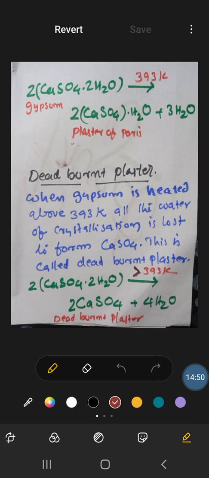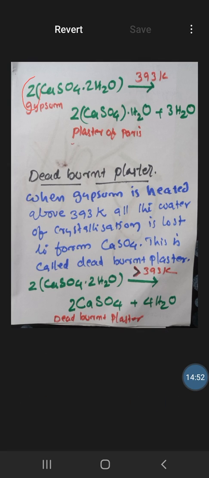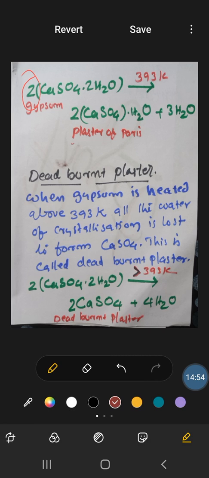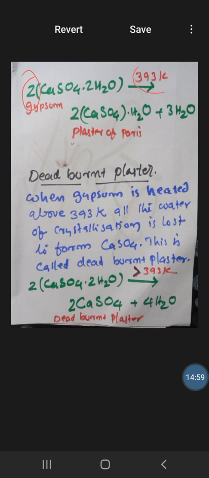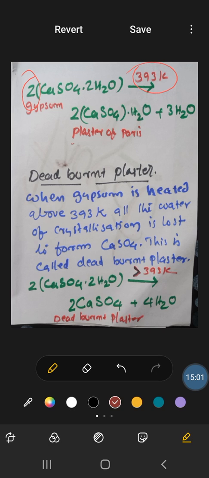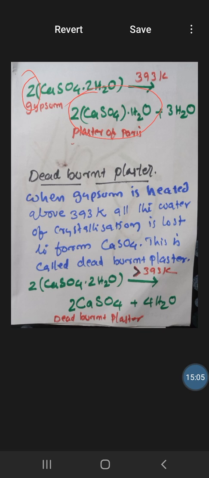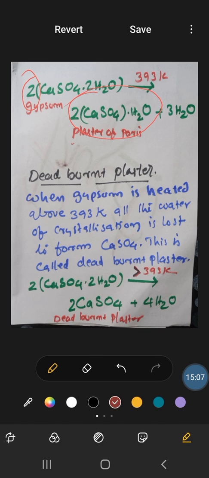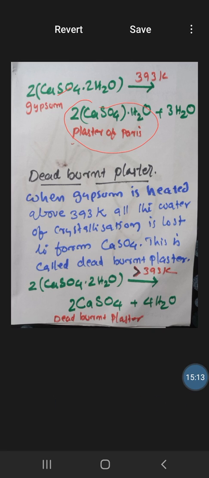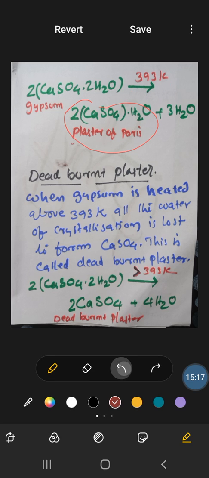So we have to use 2 molecules of gypsum, and heat it to a temperature of 393 Kelvin, you get plaster of Paris, 2CaSO4·H2O plus 3H2O. So plaster of Paris is prepared by heating gypsum up to a temperature of 393 Kelvin.